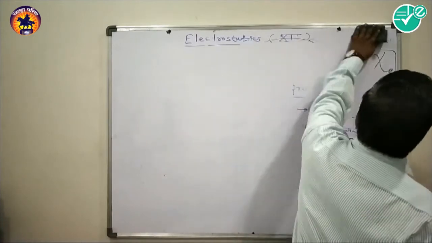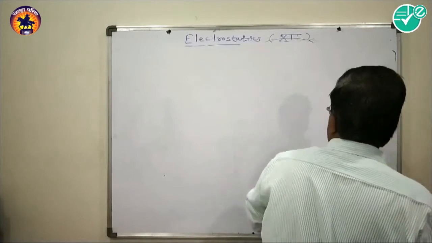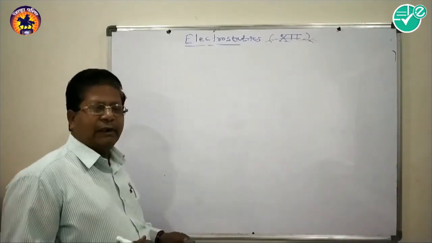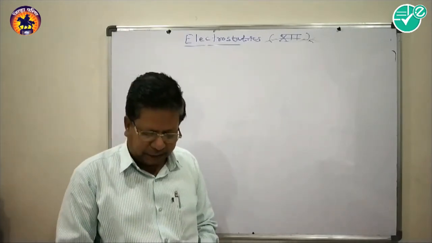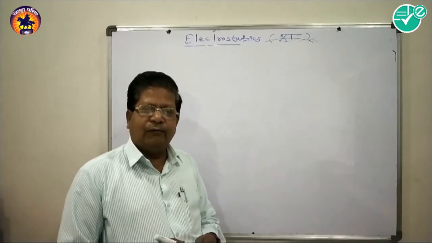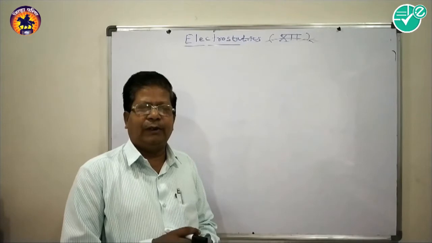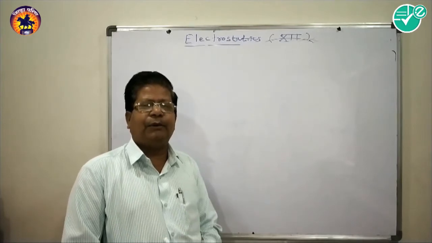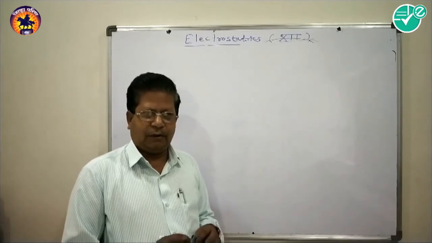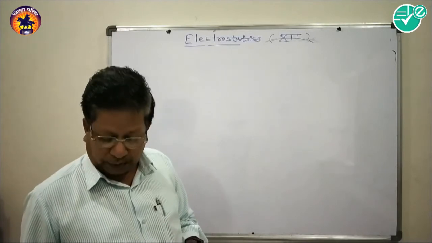Then we have studied electric polarization, and from electric polarization we have studied the electrical susceptibility, and finally we have found the relation between electrical susceptibility and dielectric constant. And also we have studied the electric polarization.